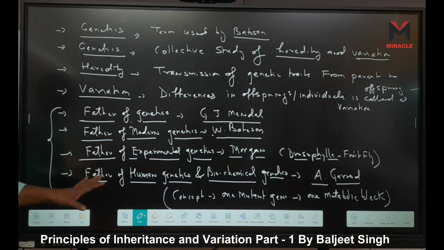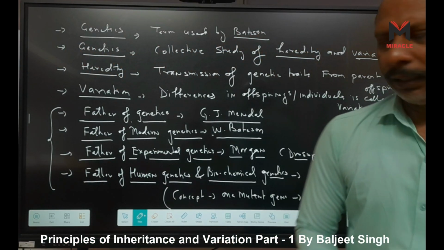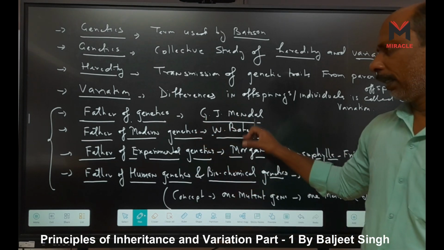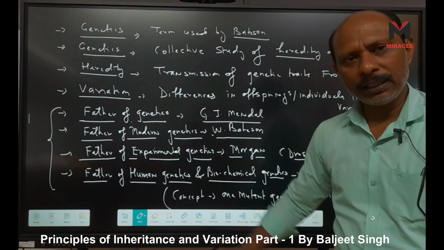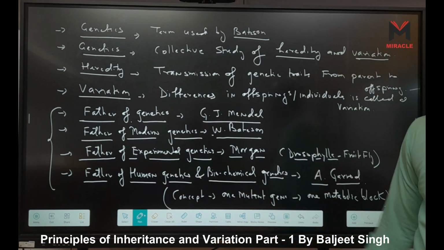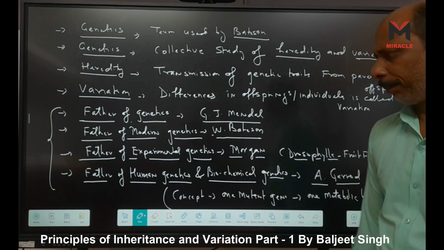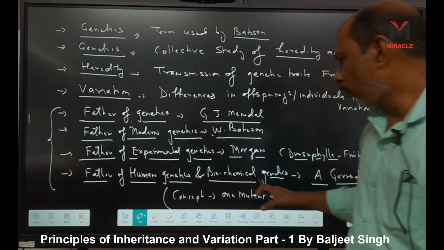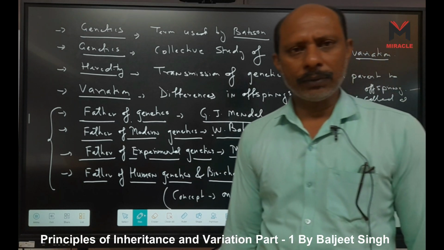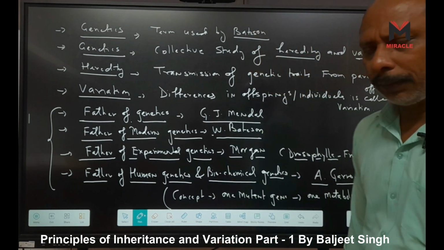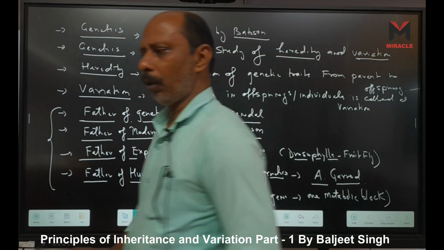Father of genetics is Gregor Johann Mendel, father of modern genetics is W. Bateson, father of experimental genetics is Morgan, who used Drosophila, the fruit fly. And father of human genetics and biochemical genetics is A. Garrod, who first observed alkaptonuria and gave the concept of one mutant gene, one metabolic block, right.